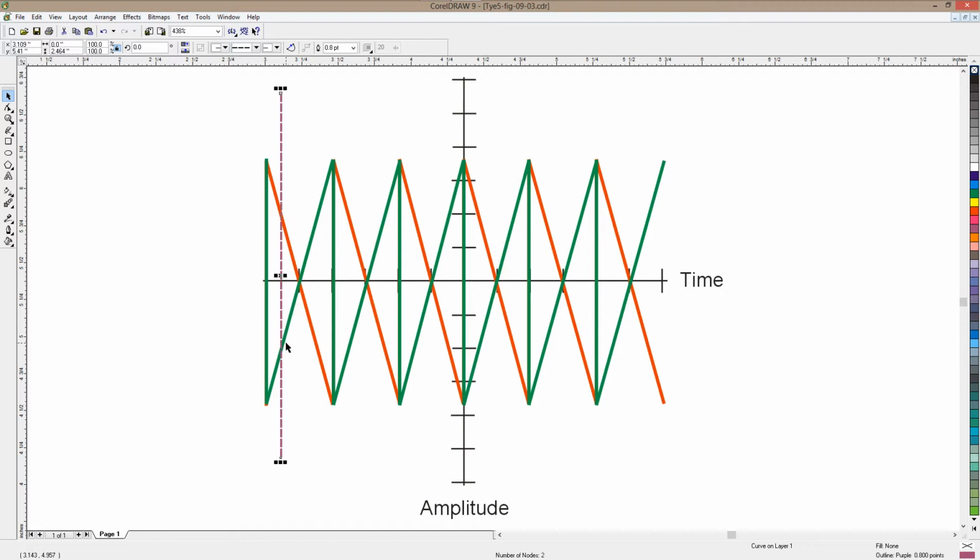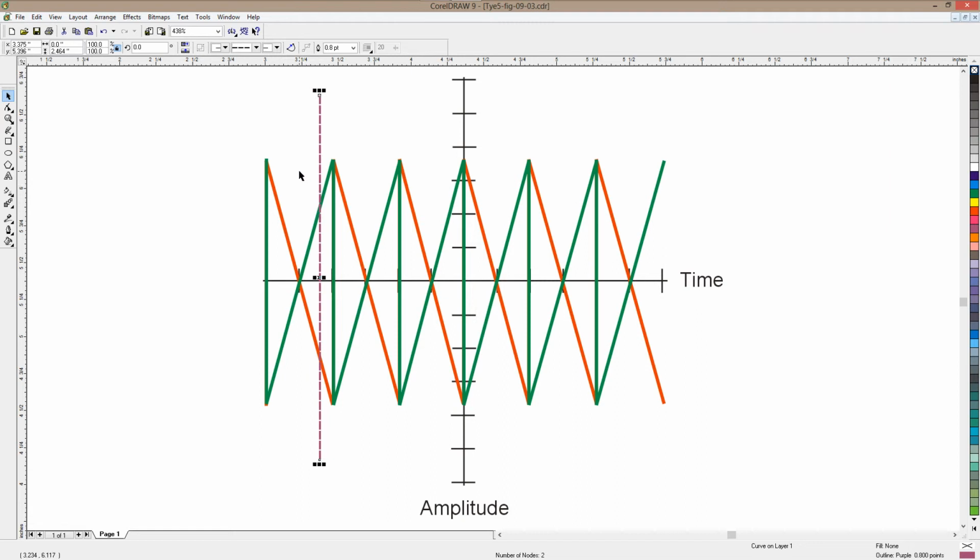Notice equidistant points intersecting that purple line. Wherever we move that purple line, the red wave and the green wave intersect at equidistant points, but on opposite sides of the time axis. So we always get cancellation, and the net result of this wave is 0.